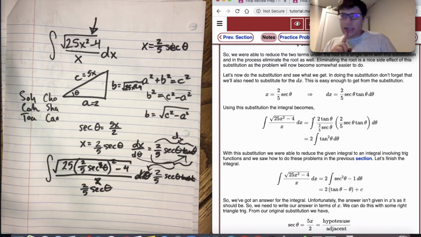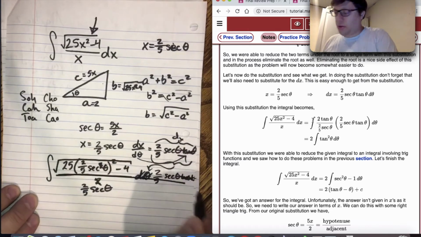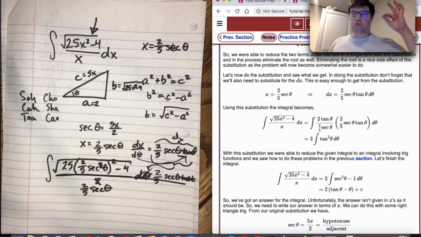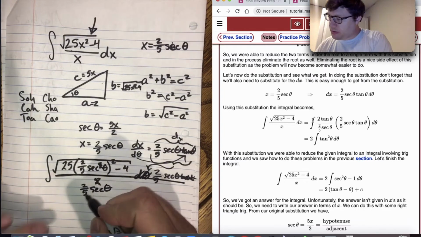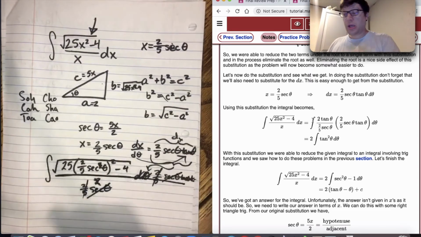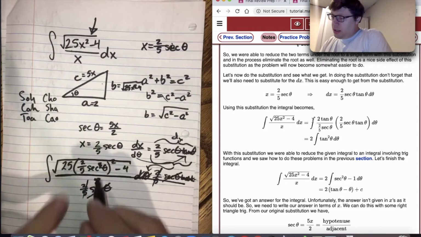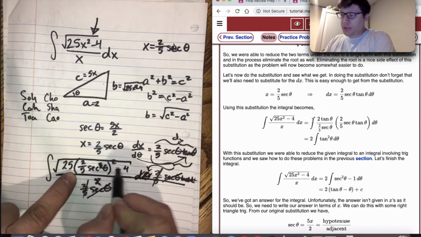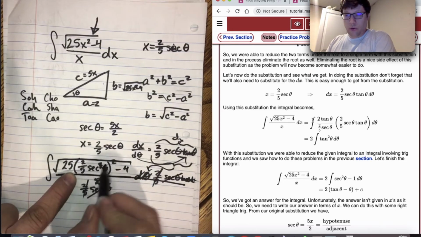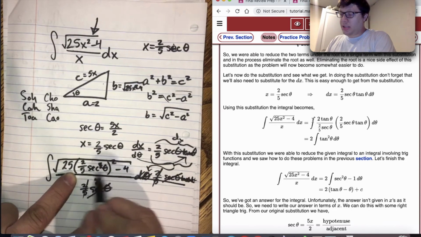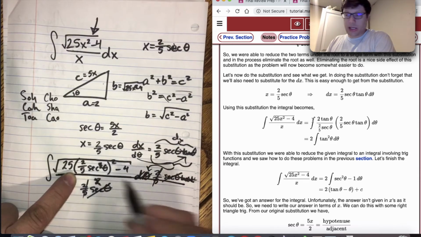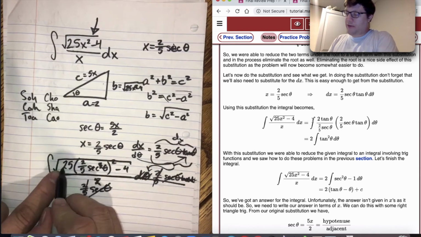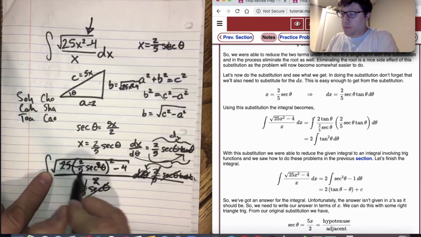When you start seeing a giant fraction bar with stuff on top and bottom, you just want to cross it out. So 2/5 crosses, secant crosses, and 2 will be squared, 5 will be squared, and secant will be squared. 25 over 5 squared, those are gone.